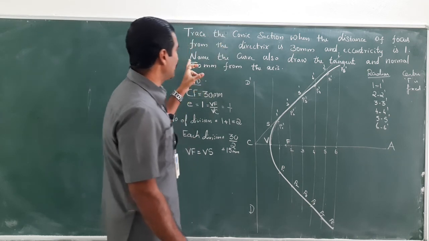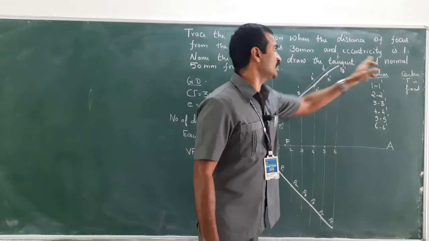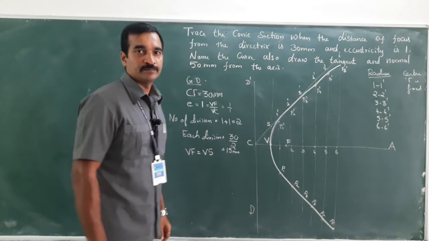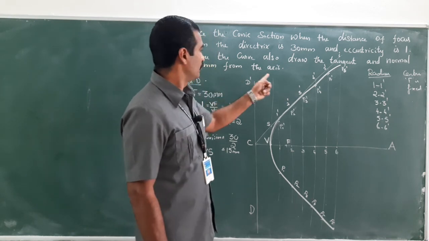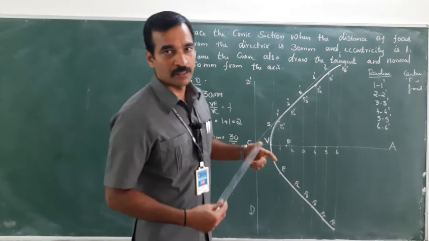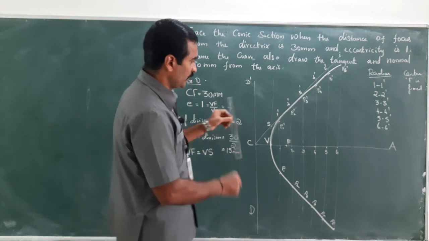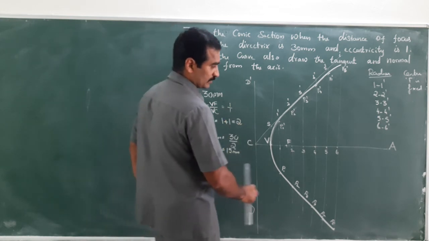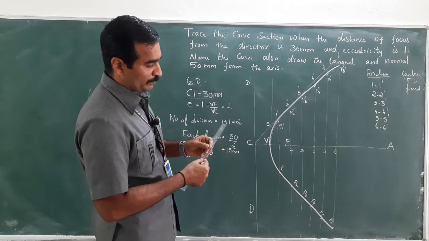Now I need to complete the second question, which is: name the curve, also draw the tangent and normal 50 mm from the axis. How can this be drawn? Take a scale, parallel to the directrix and perpendicular to the axis, 50 mm.